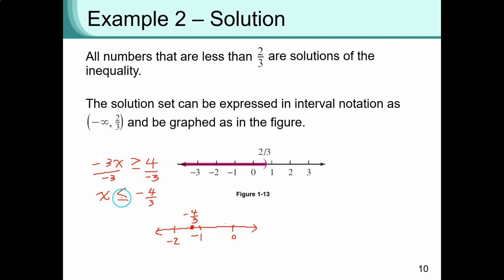Now, as long as the number is less than or equal to negative 4/3, same way, it will go to the left-hand side forever. So the interval notation that indicates the solution set of this question would be from here up to here. Since it's a closed dot, we put a bracket to cover this endpoint. So your interval notation, the left-hand side has negative infinity, and the right-hand side endpoint is negative 4/3.